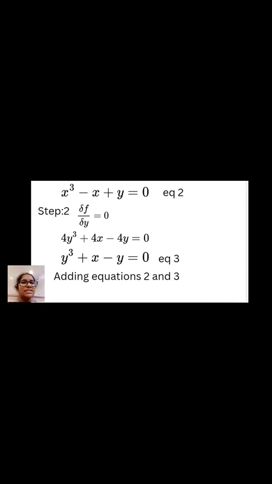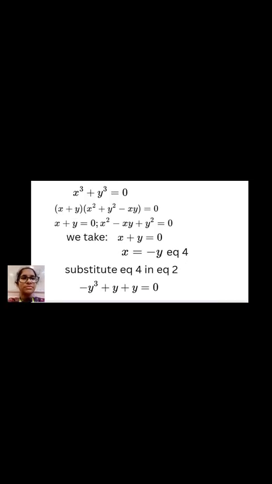We consider this as equation 3. Now adding equations 2 and 3, minus x plus x cancels, plus y minus y cancels. So we get x^3 + y^3 = 0. Now simplifying this, we get (x + y)(x^2 + y^2 - xy) = 0.